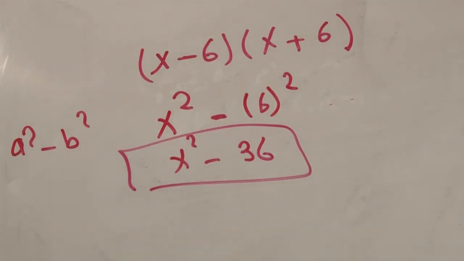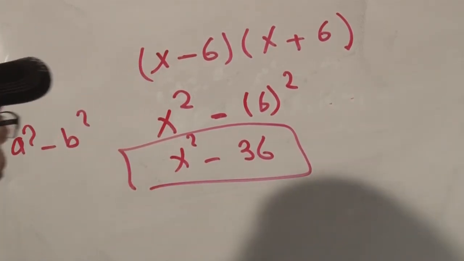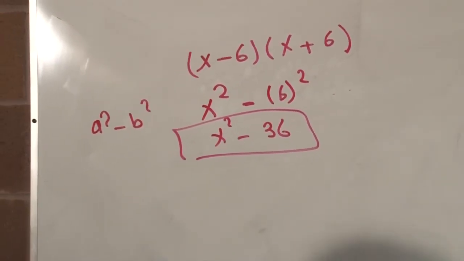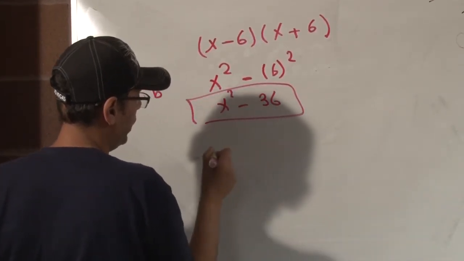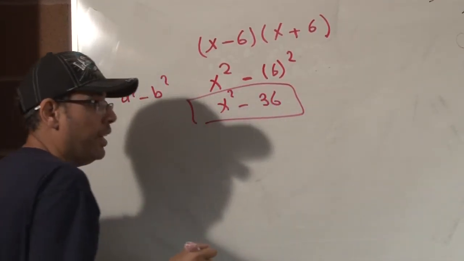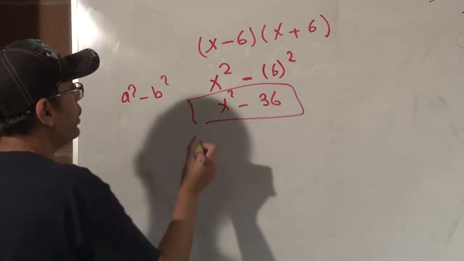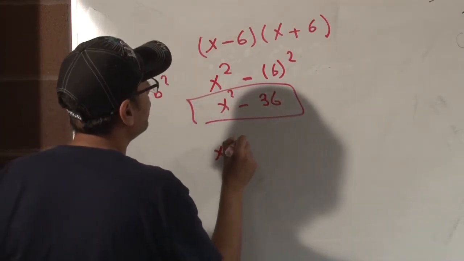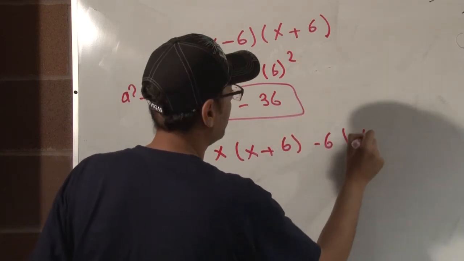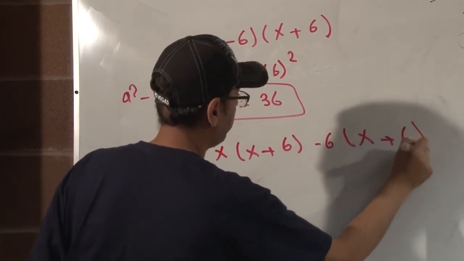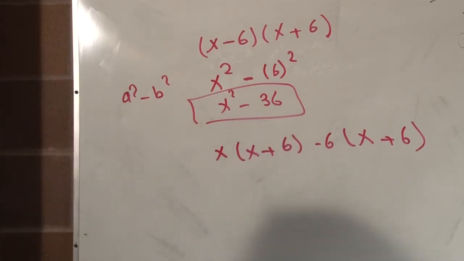Could you also prove that using distribution from earlier examples? We can do that. We can prove that through the distribution way. So let's try to do that. As we have learned, distribution is to do it like this: x times x plus 6, minus 6 times x plus 6.